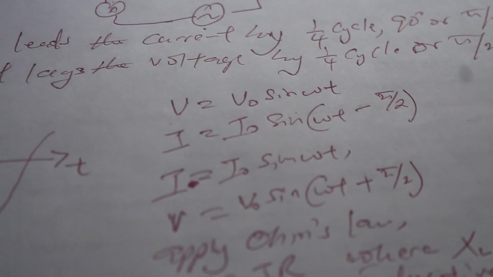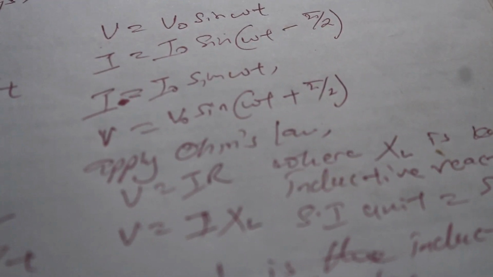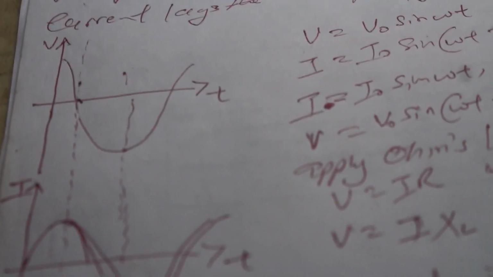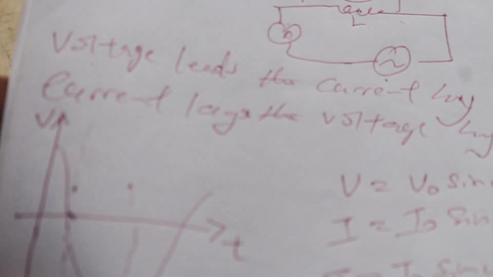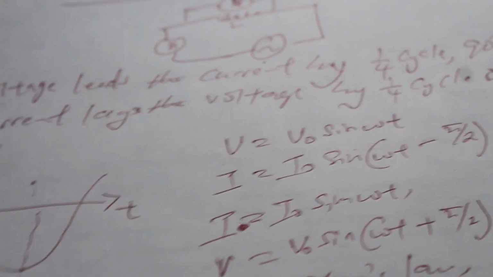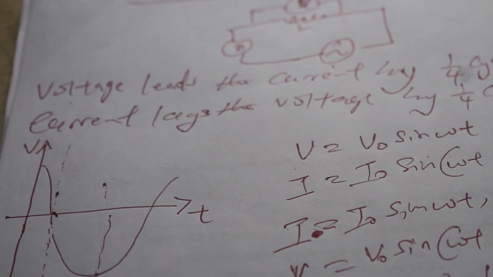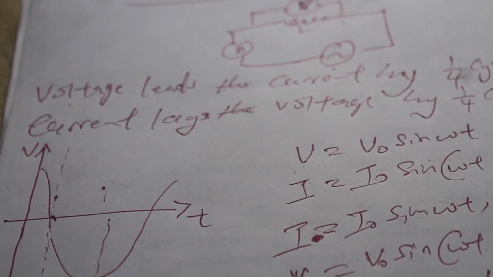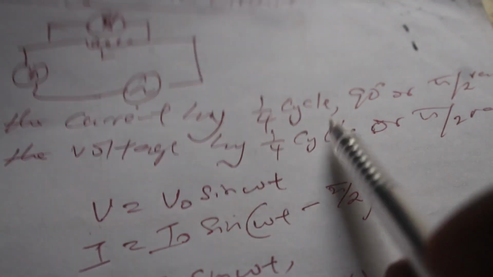So we say inductive reactance is the opposition to the flow of current offered by an inductor in an AC circuit. Now, we said in this kind of AC circuit where you have only an inductor, that the voltage leads the current while the current lags the voltage, of course, by the same quarter of a cycle.